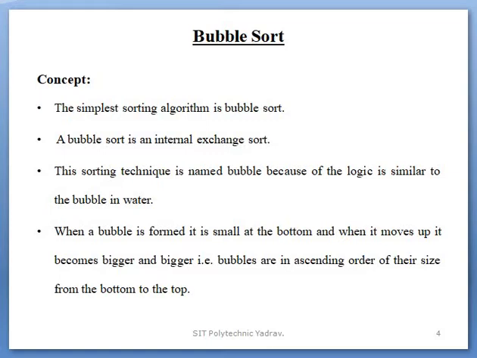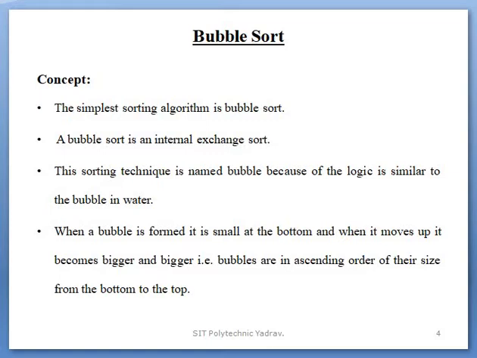In a bubble sort, two numbers are exchanged internally. This sorting technique is named bubble because the logic is similar to bubbles in water. How is the name bubble given?